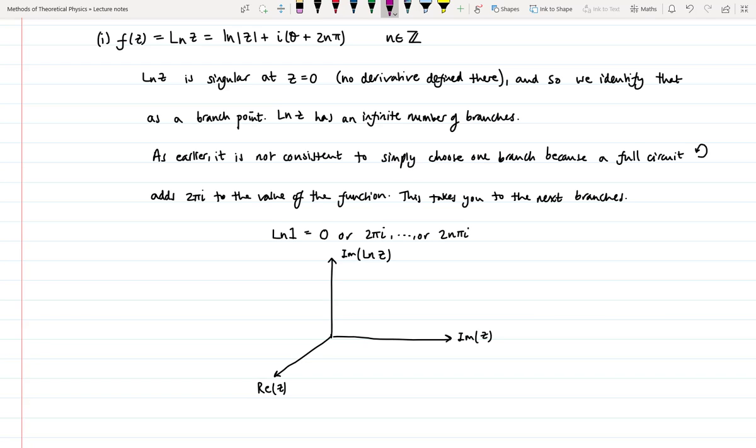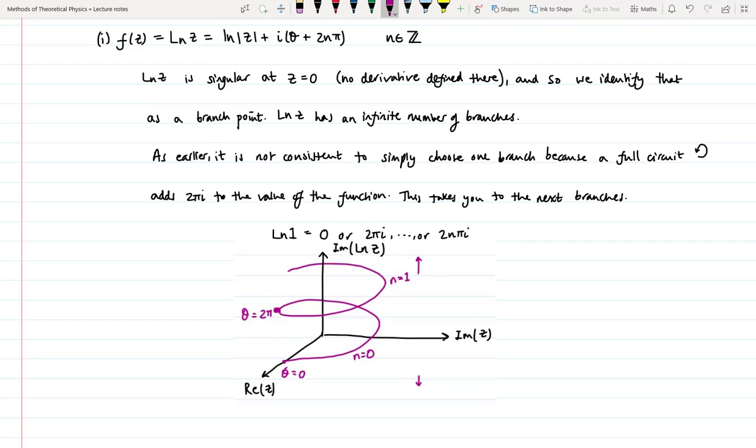If we start, let's say down here, when theta equals 0, then as we rotate z in the complex plane, the imaginary part of the logarithm does something like this. Where the radius of this spiral projected onto the xy plane is constant and given by ln of the modulus of z, but the imaginary part of ln of z increases as we rotate around.